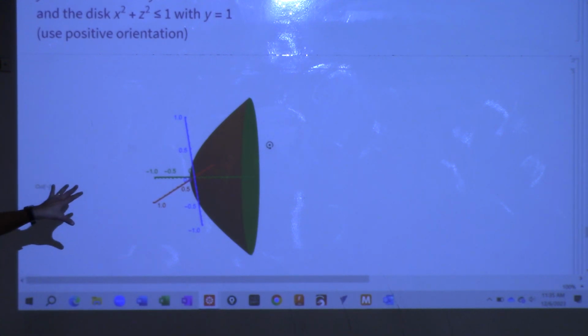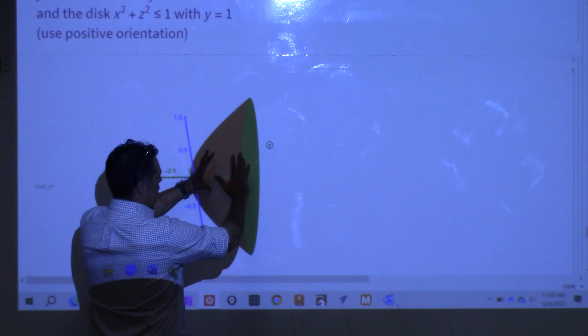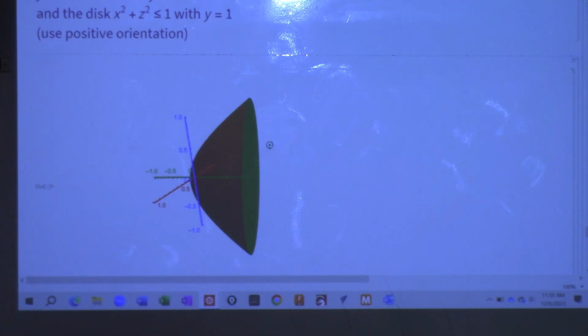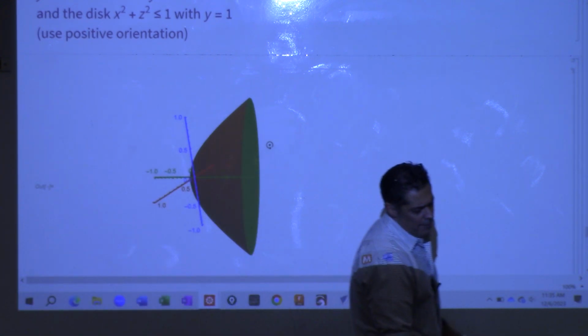Okay. Do you all agree that this surface, the green and this brownish, yellowish one in the back, encloses a solid? Yes? And we're trying here to find the flux, aren't we?